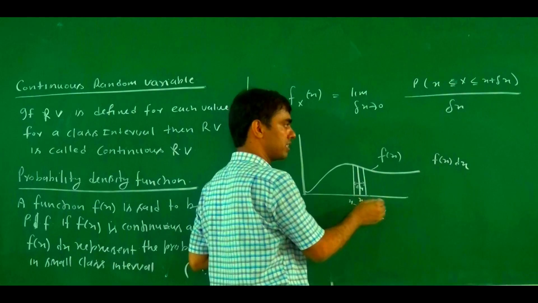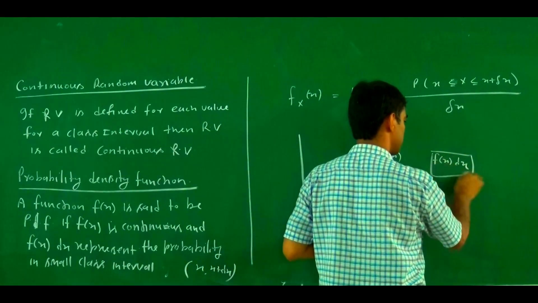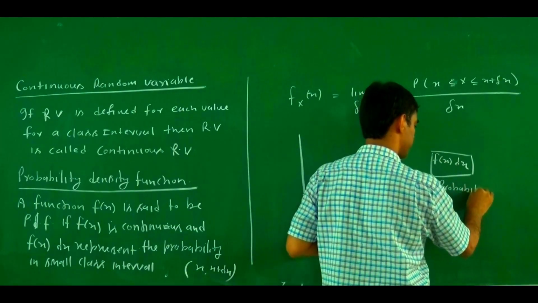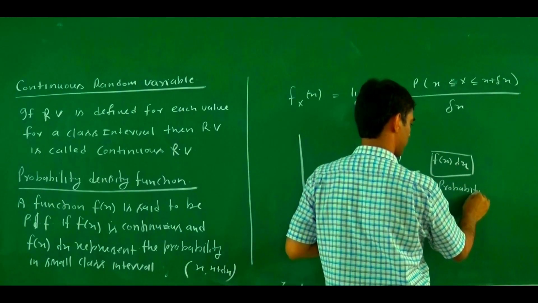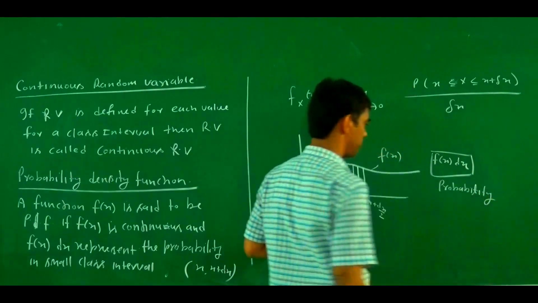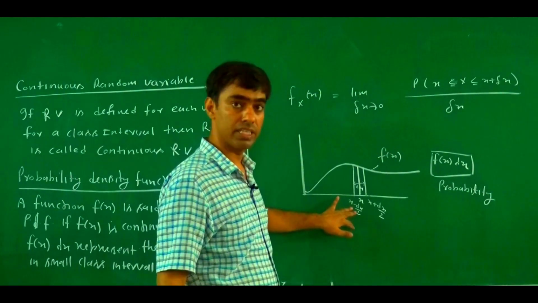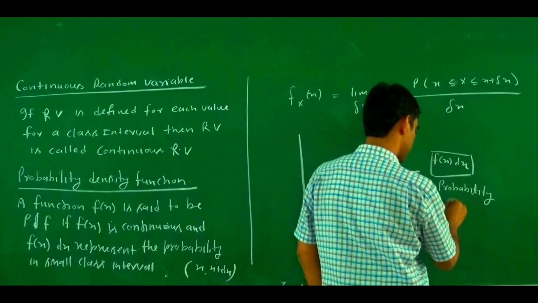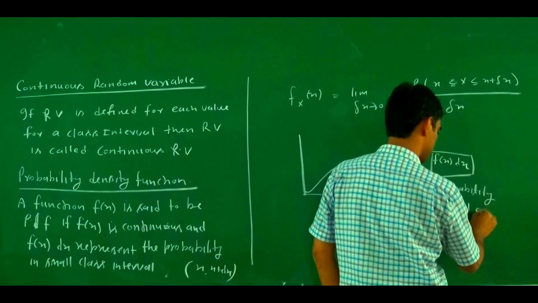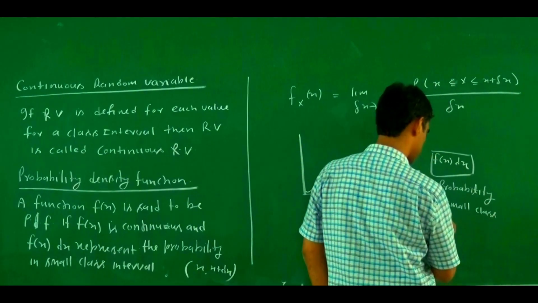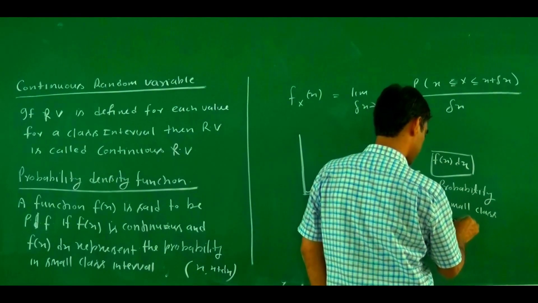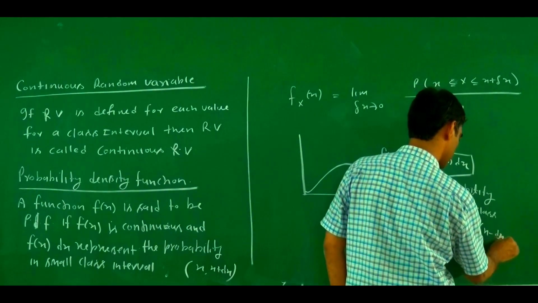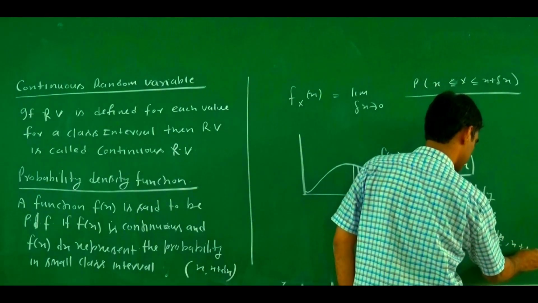This represents the probability in this small class interval, the interval from x minus dx by 2 to x plus dx by 2.